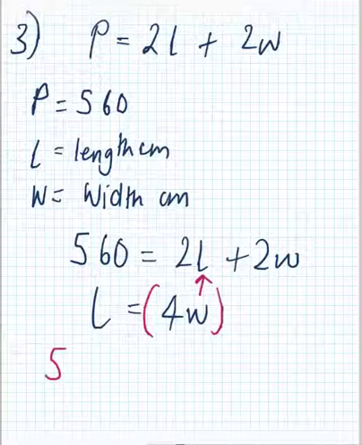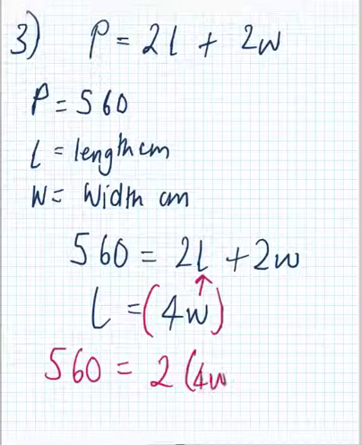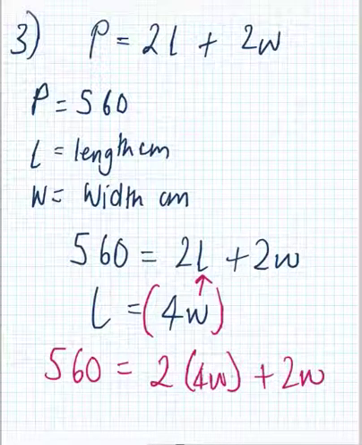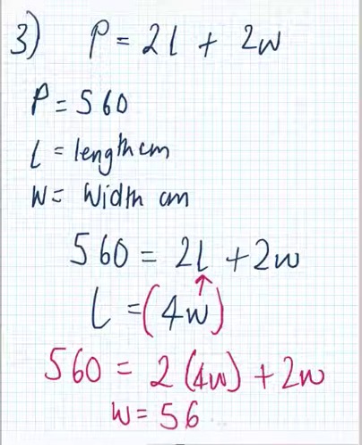So we end up with 560 equals 2 times 4W plus 2W. And you can expand this and then simplify. So you should end up with W, you can solve this, equals, I got 56 centimeters.